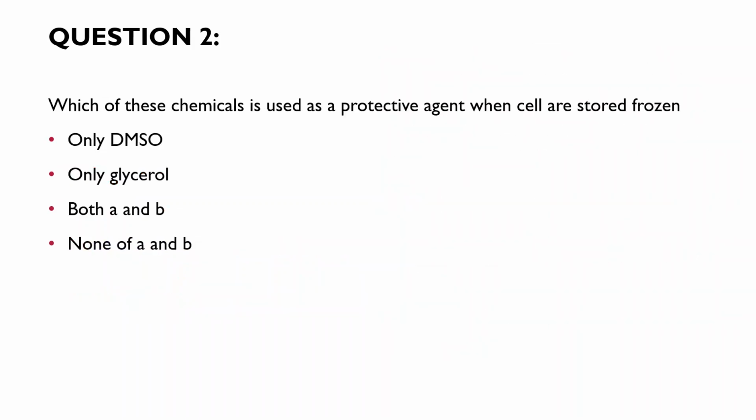Question number 2. Which of these chemicals is used as a protective agent when cells are stored frozen? The options are: only DMSO or dimethyl sulfoxide, only glycerol, option C, both DMSO and glycerol, or option D, none of DMSO and glycerol.